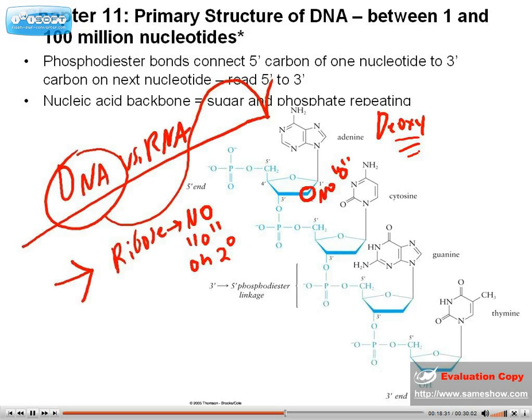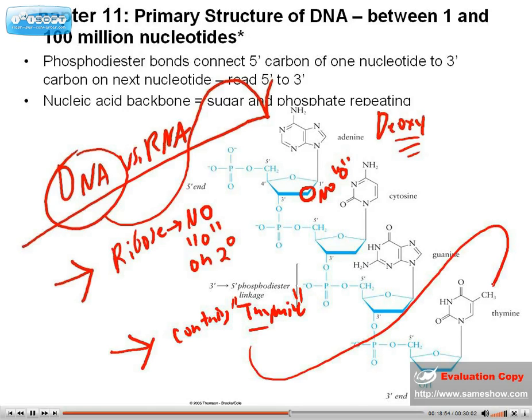Now, the other big difference is that DNA is the only one that contains thymine. If we take a look at this molecule right here, this is only found in DNA. So those are the two big differences: no oxygen on the second prime carbon, and it contains thymine.